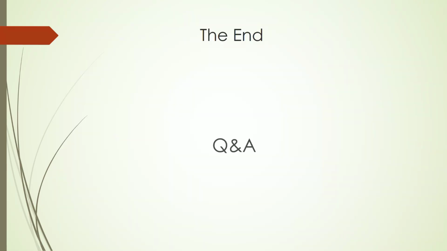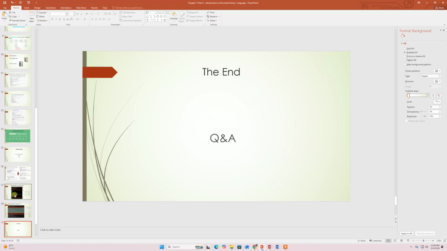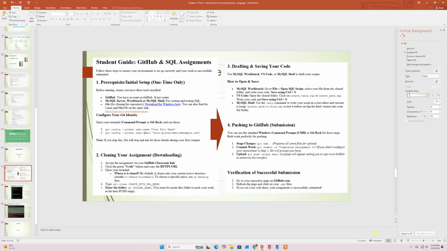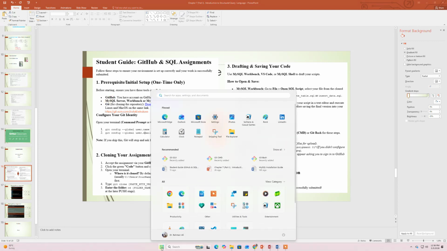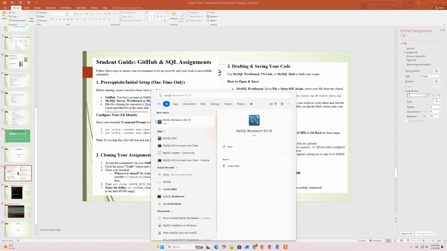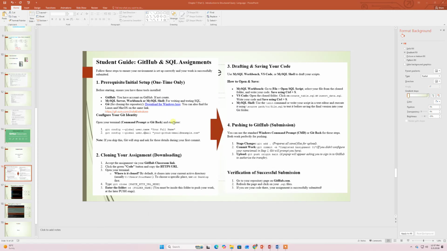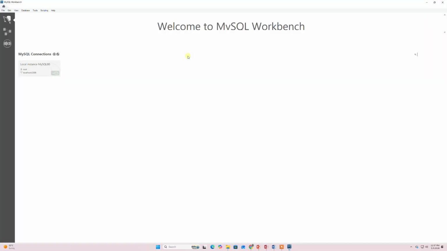Now let's see how we can do this. For the first time you must have the prerequisites. So let's see, do you have the prerequisites? I have MySQL Workbench and Shell, both installed, and I will connect it.